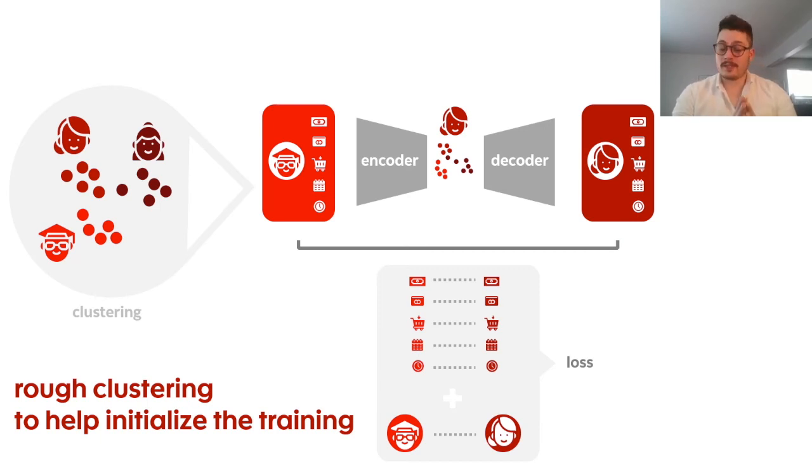One thing that was important and helped was to give a hand to our model so it could easily find those clusters at the beginning in the latent space. We did that by finding some rough clusters on the data itself before the preprocessing, just to add labels to those data. Those labels didn't mean anything.